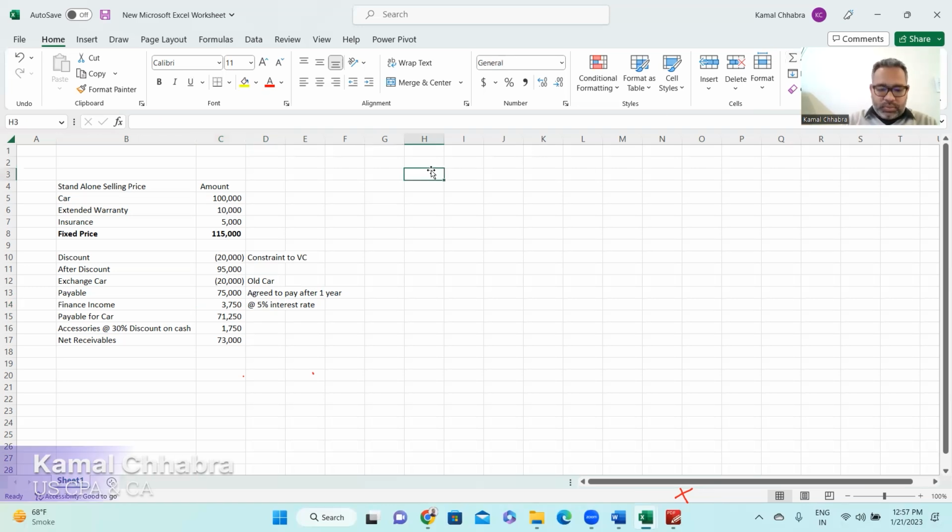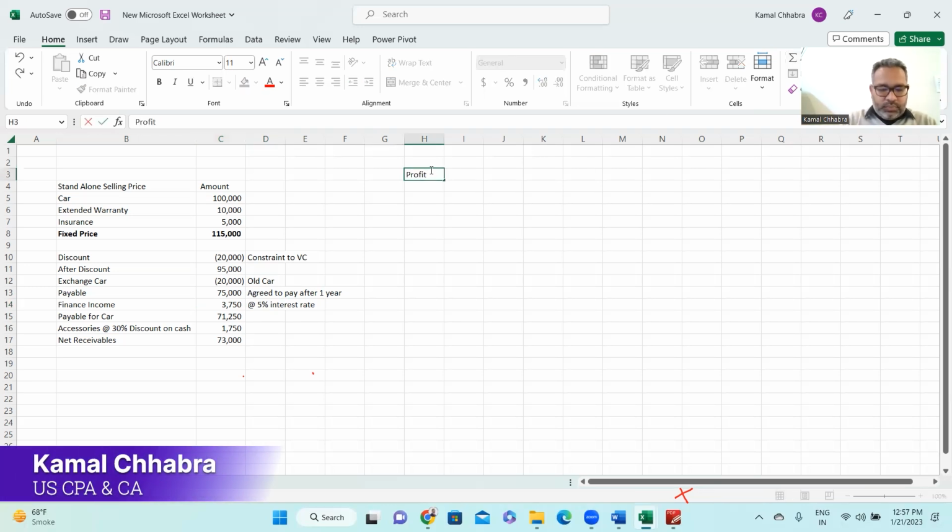So in your profit and loss, we'll show sale of car separately, sale of insurance separately, sale of extended warranty separately, sale of accessories separately, and finance income separately.